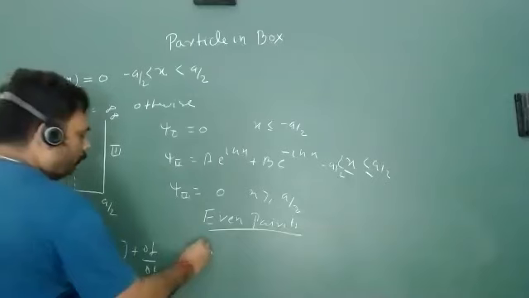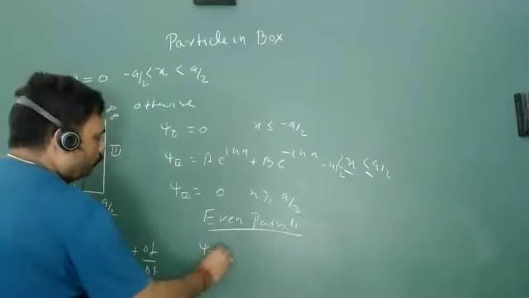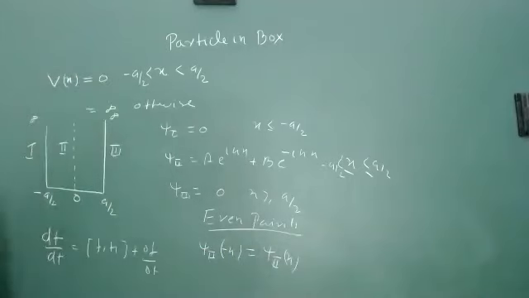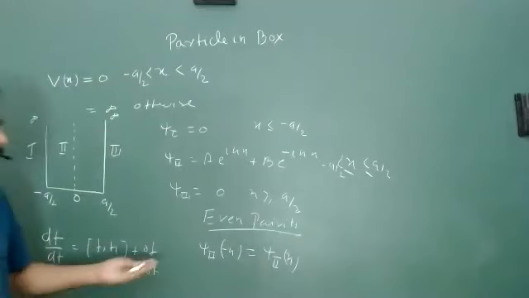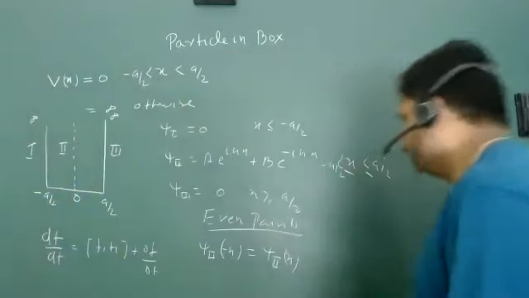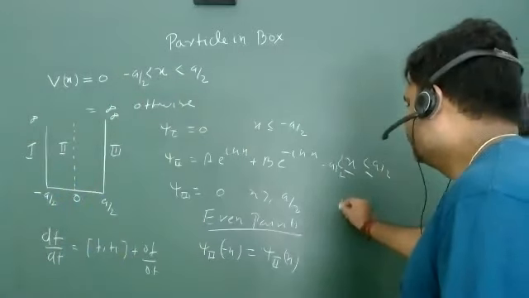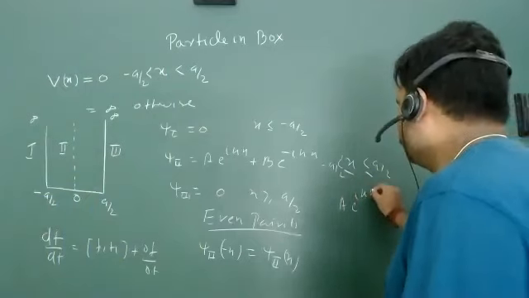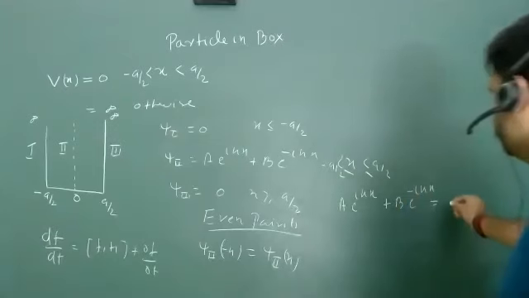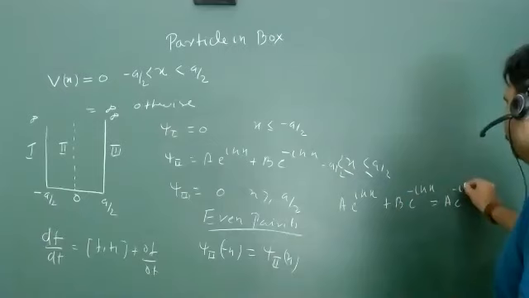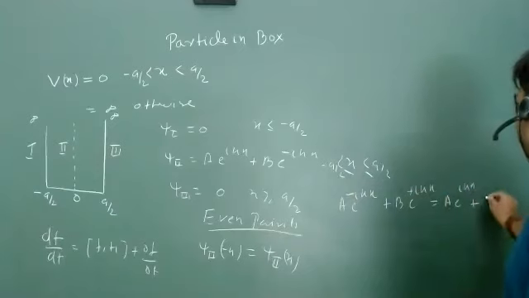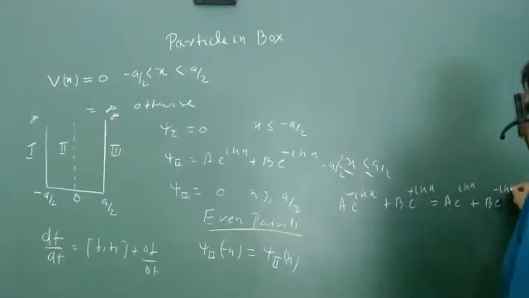So what is the meaning of even parity? Psi 2 of minus x must be equal to psi 2 of x. If this is even, then this has to be followed. Then from this, what can I say? a e to the power ikx plus b e to the power minus ikx must be equal to a e to the power minus ikx plus b e to the power ikx.